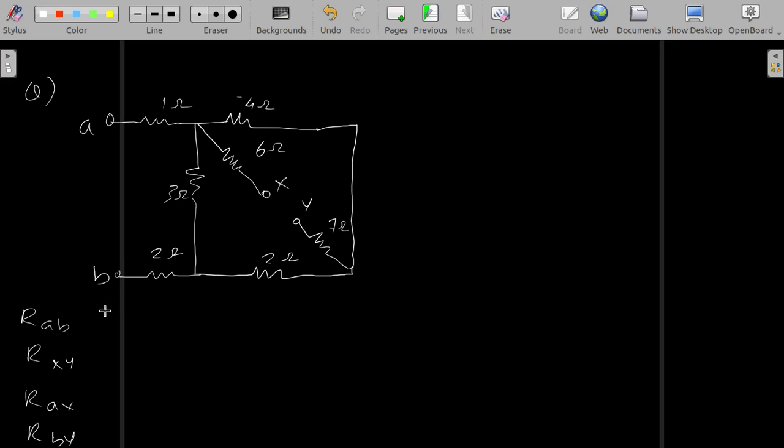So R AB, right? When we are considering R AB, it means we are giving a supply across A and B and we are finding the voltage to current ratio. That is the idea.